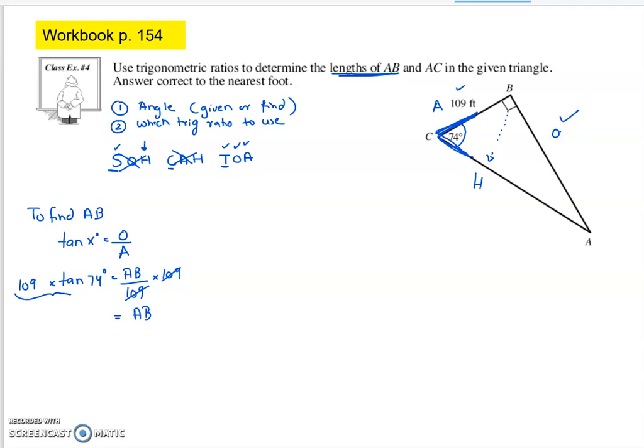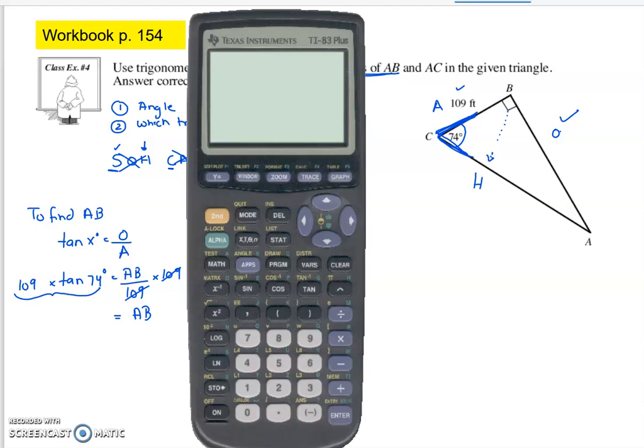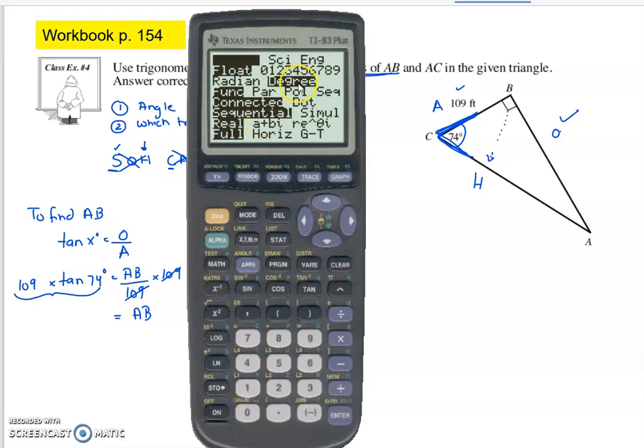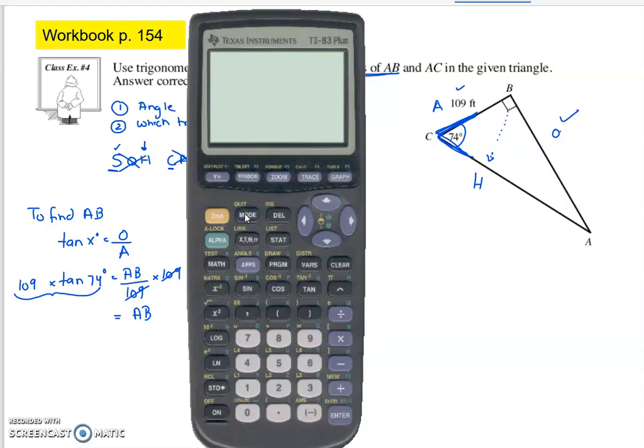Now we're going to actually input this in our calculators. When we're trying to put this in our calculator, again remember your mode is in degrees. You just need to check it once before you start working on it, not for every question. You put 109 times tan of 74.